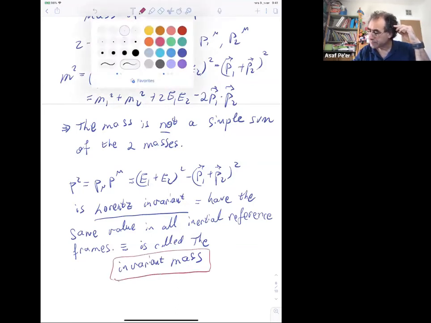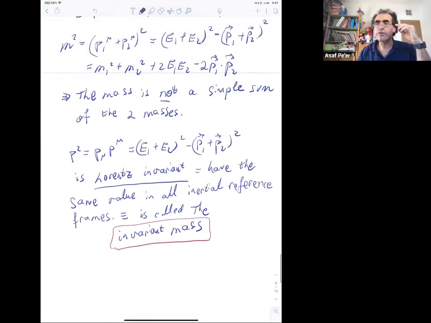If you have a particle that decays into two other particles, then the invariant mass is conserved, in every frame. So if you can measure the outcome, that could tell you what was the mass of the initial particle. And you can do it in any frame, so it doesn't matter.